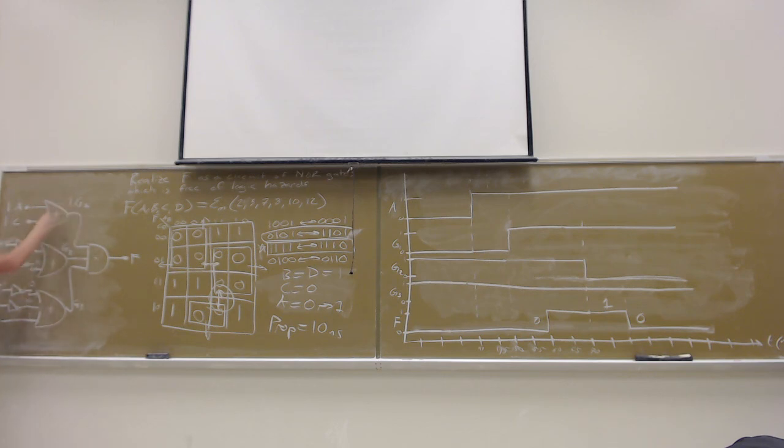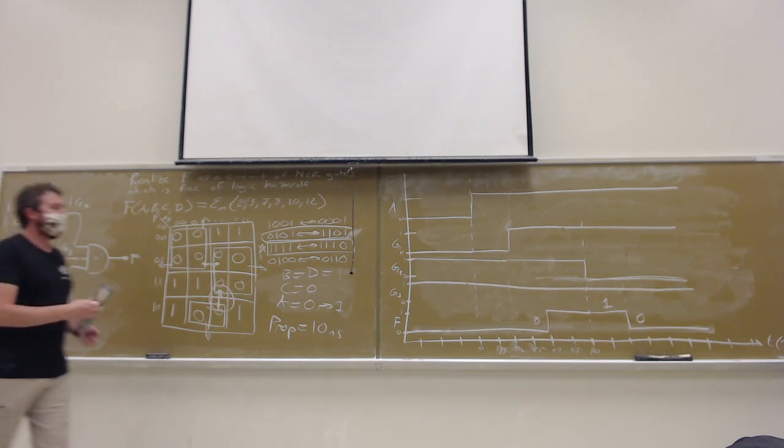That's going to stay 1. We're going to make that 0, which makes that 1. 1, 1 makes that 0. We're going to make that 0, which makes that 0. Makes that 0, makes that 1. Okay, we figured it out. You want to see it? The D is going to go to 1 before G2 goes to 0.